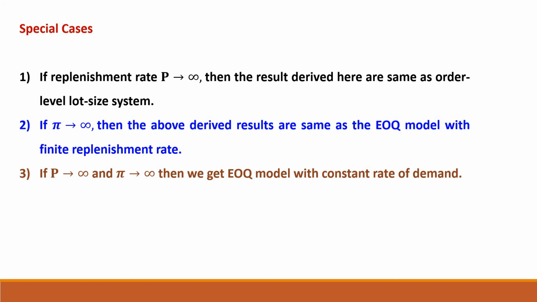Now if both replenishment rate P tends to infinity and shortage cost pi tends to infinity, then we get the classical EOQ model with constant rate of demand.